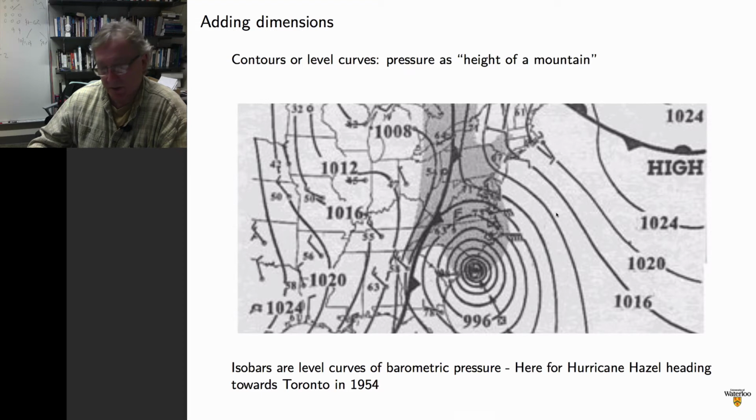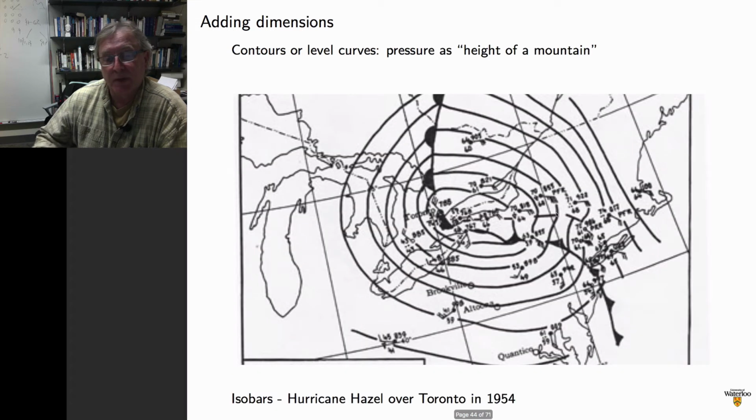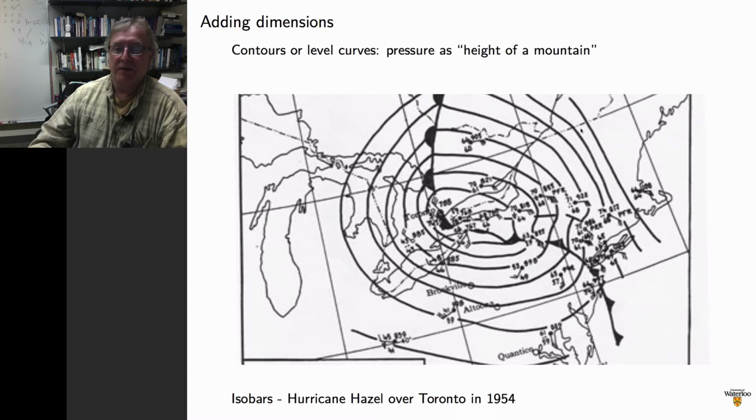And that low pressure system is moving up. And when it actually hits Toronto, you can see again the isobars of the low pressure system being concentrated right above Lake Ontario. So that's a hurricane in our neck of the woods a very, very long time ago.